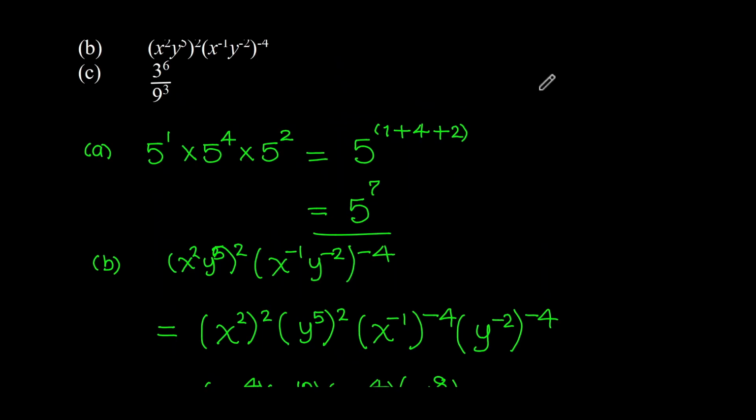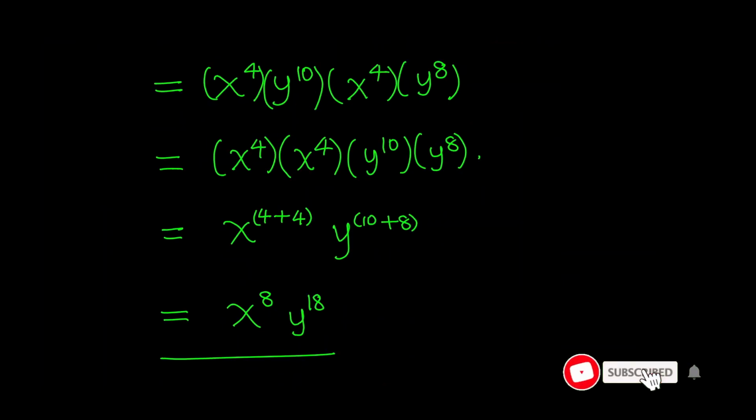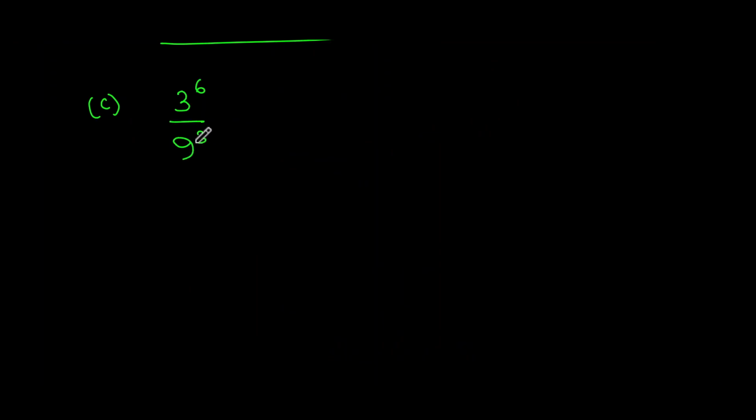Let us look at part C, and it's the last part for our video. Here we have 3 exponent 6 divided by 9 exponent 3. So let's copy it down here. Part C says 3 exponent 6 over 9 exponent 3.